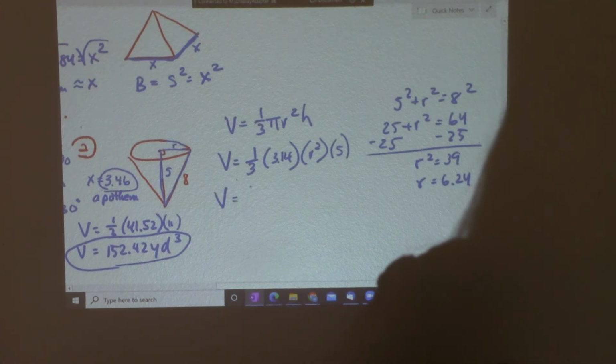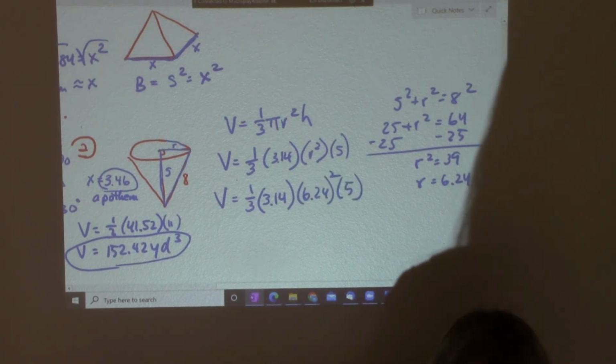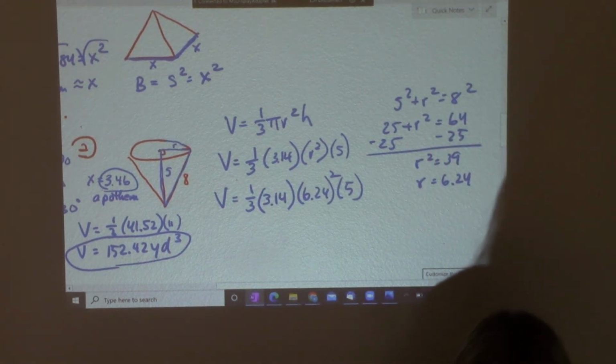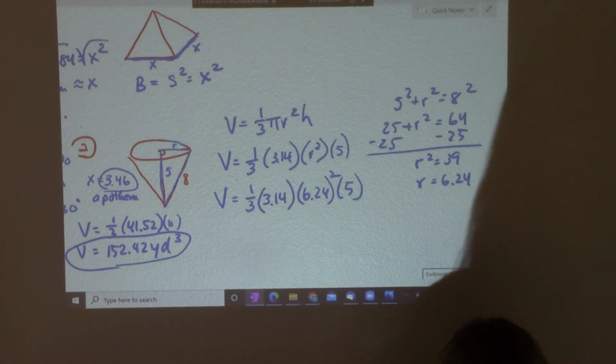Okay, so let's work it out. 1/3, 3.14, and then I'm going to square 6.24 times 5. Let's see, I've got 6.24 times 6.24, and I get 38.94.